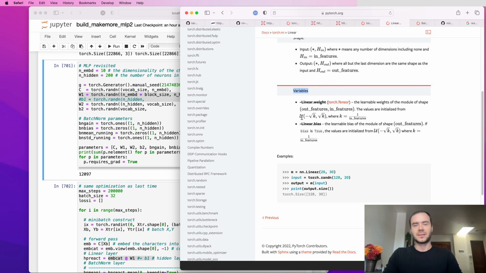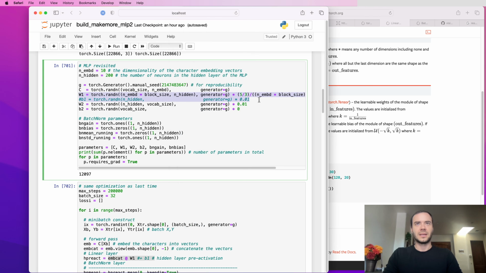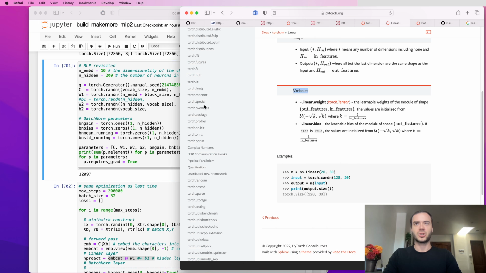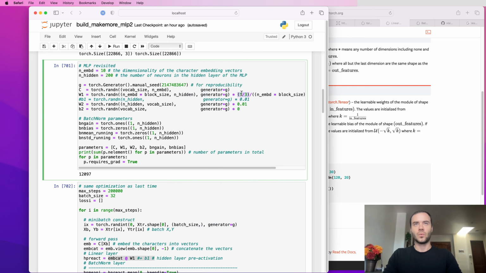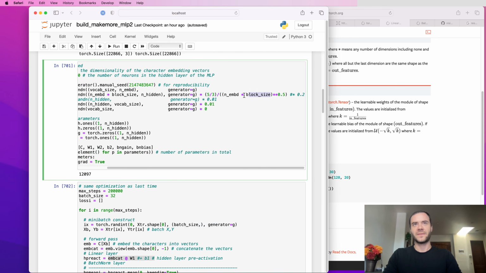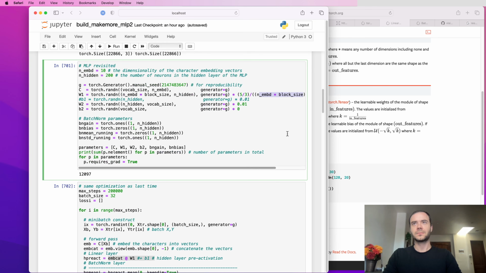And then instead of a normal distribution, they are using a uniform distribution. So it's very much the same thing, but they are using a 1 instead of 5 over 3, so there's no gain being calculated here. The gain is just 1. But otherwise, it's exactly 1 over the square root of fan-in, exactly as we have here.